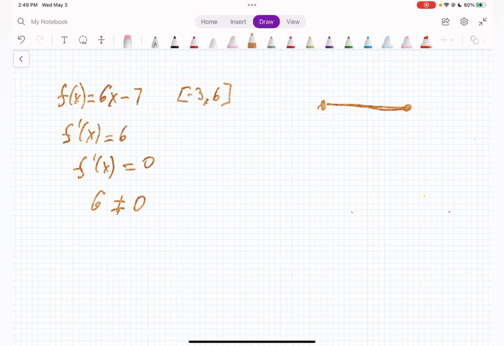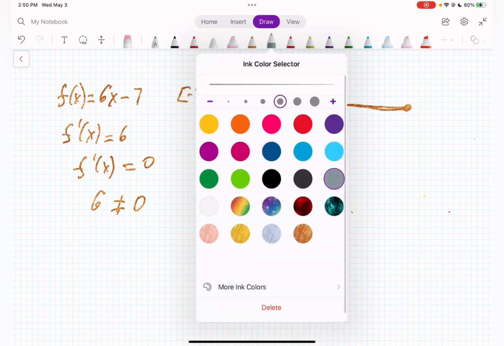So I am plugging in -3 first, f of -3. Pay attention, I'm not plugging into the derivative, I'm plugging into the original problem, because we already assigned the derivative to 0 and we got a constant there.